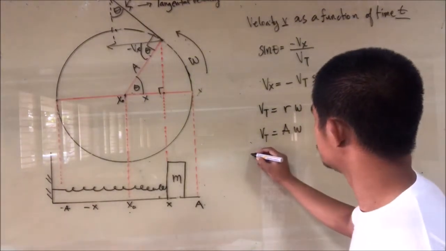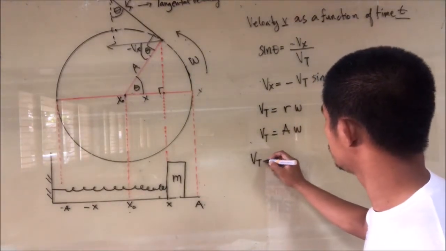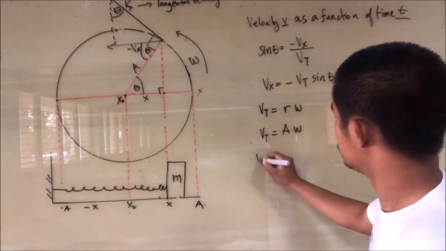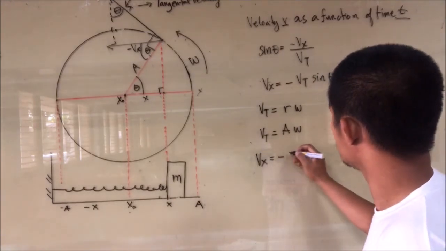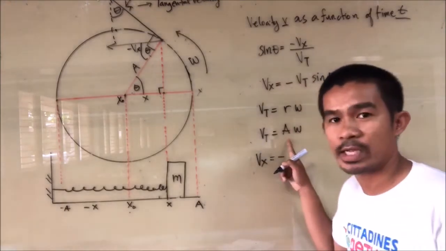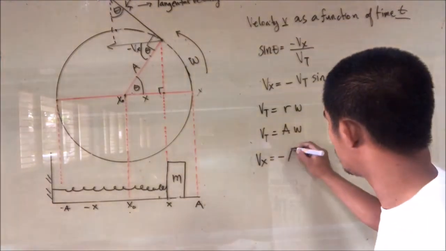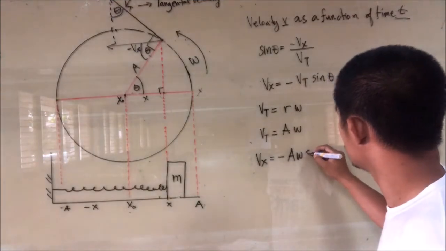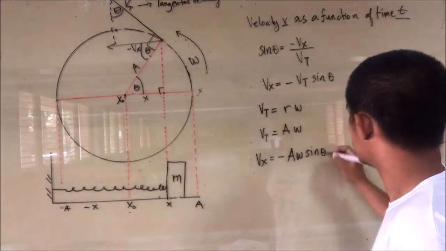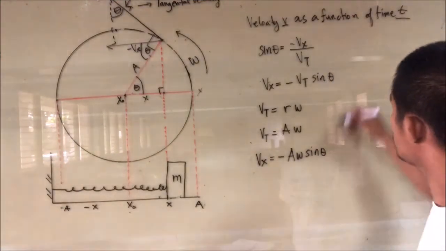So we have Vx equals negative Vt, which can be replaced by the amplitude times the angular frequency, A omega, times sine of theta. And what is this theta?